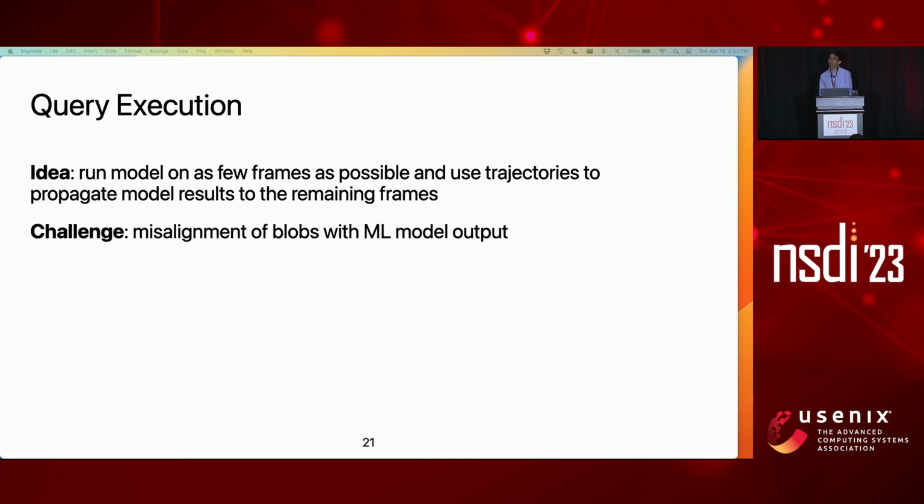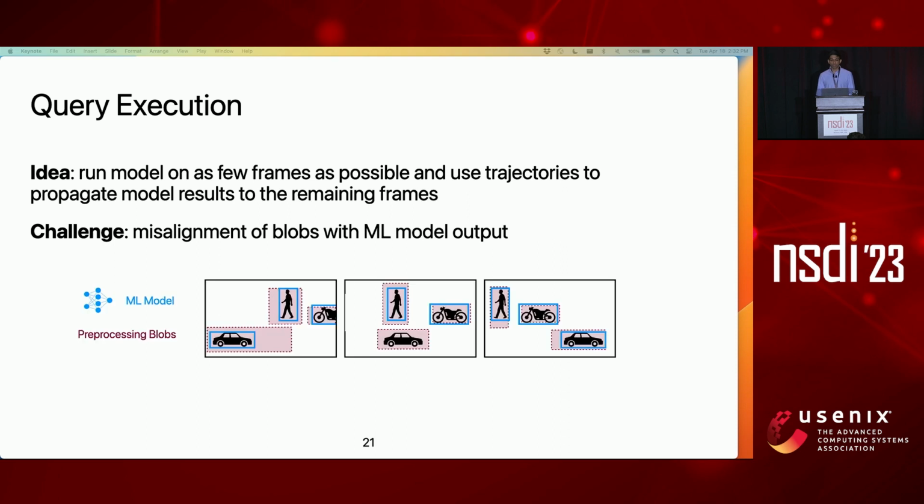We find that Boggart's pre-processing outputs often do not exactly match up or align with the outputs of these machine learning models. For example, the coordinates of the blob bounding boxes are imprecise relative to what the model would output, or the ML models can be inconsistent in the way they locate and characterize objects.